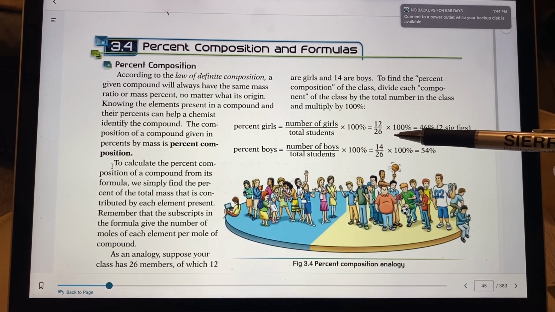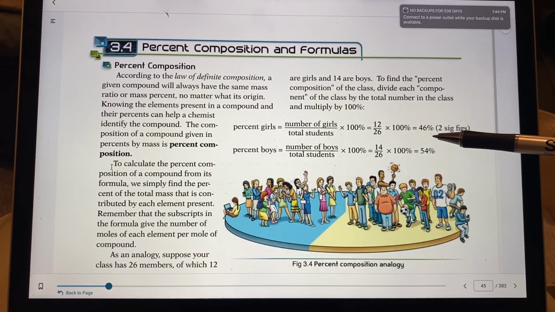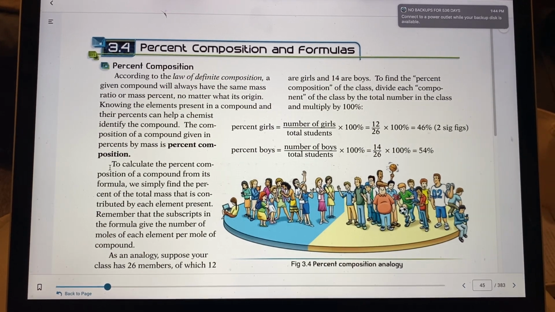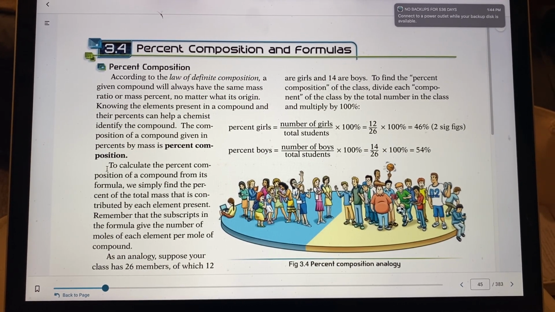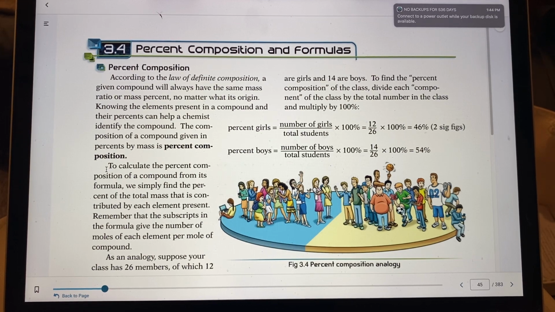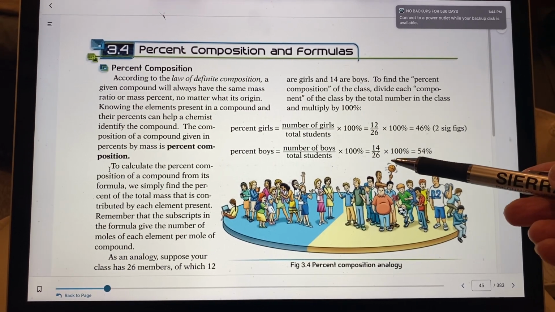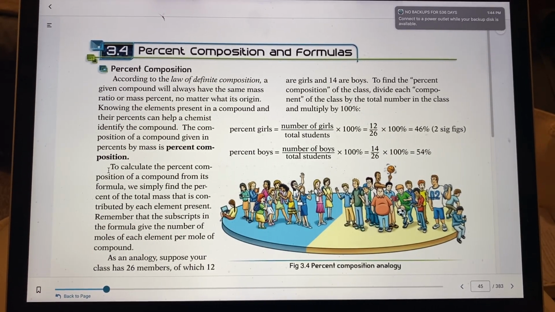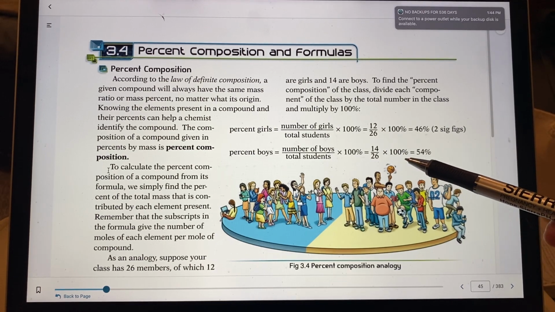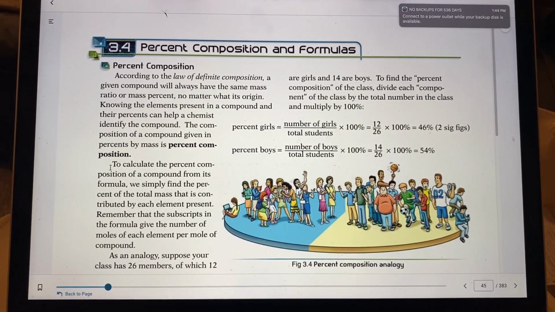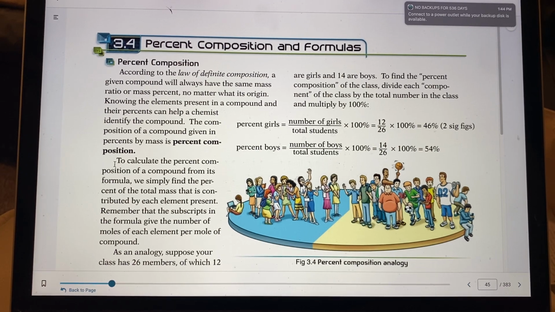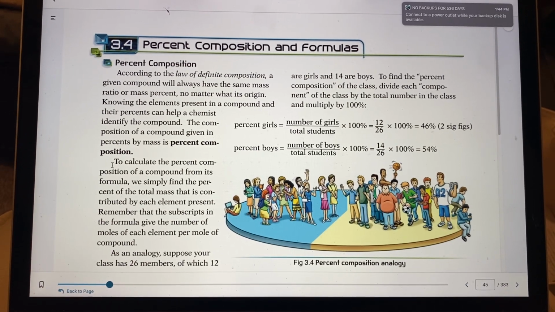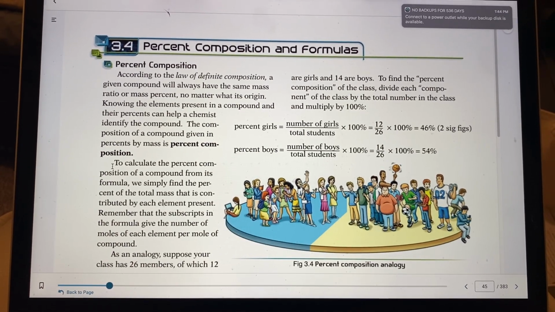You use that on your calculator, multiply that times 100%, and you figure out that 46% are girls. Now the boys have 14 out of 26, so you turn this into a decimal and multiply, and you'll get 54%. It's the same way we're going to do it with each element in a compound.